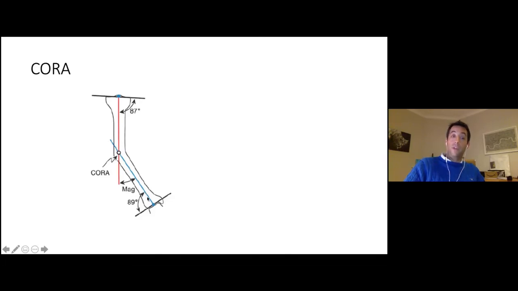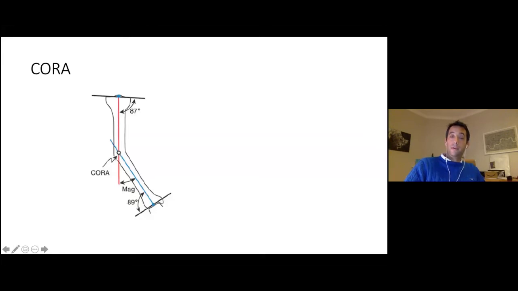So we know that the lateral distal tibial angle, a line between the anatomic axis of the distal tibia and the joint surface of the distal tibia, forms 89 degrees. And I know that the medial proximal tibial angle, a line across the joint and a line down the axis of the proximal segment, forms 87 degrees. Therefore, we can extrapolate these lines down the axis of each segment of the bone, and where they cross is the CORA.